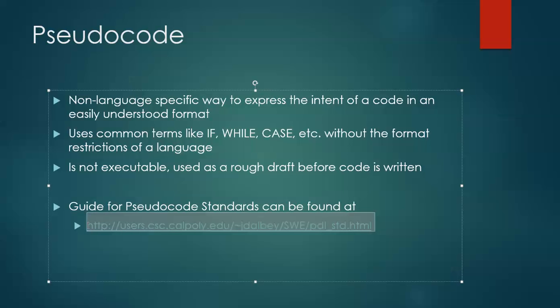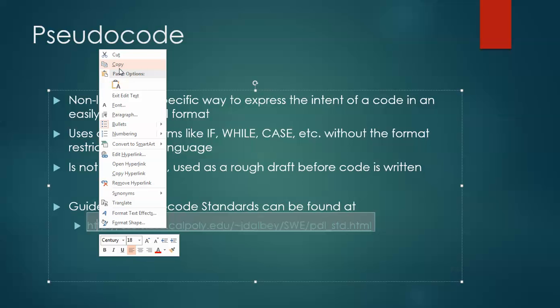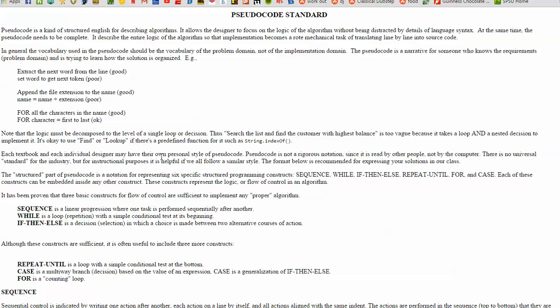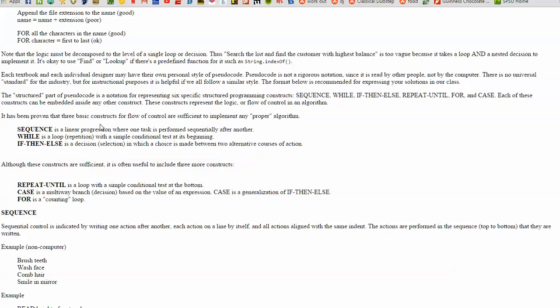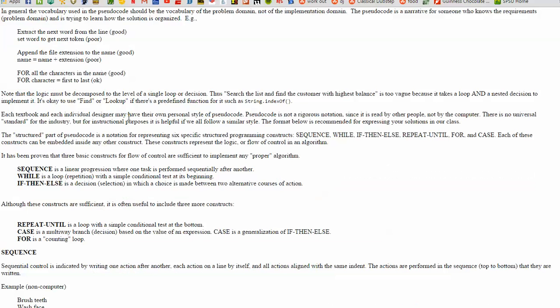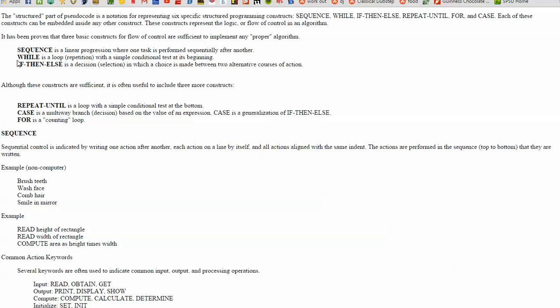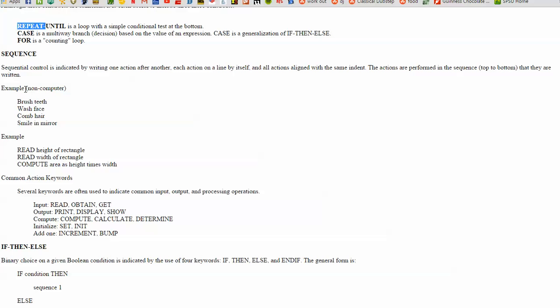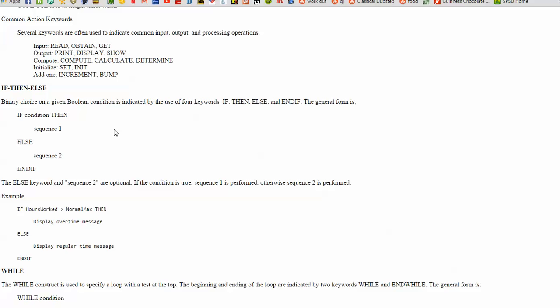You can't execute it, but it's a good way to really understand how to write something, because every language is going to have some of these things like a while statement, an if statement, a repeat, a case. All of these things are common through most of your languages.